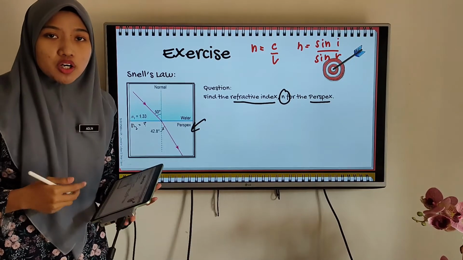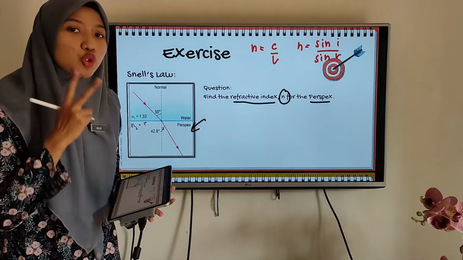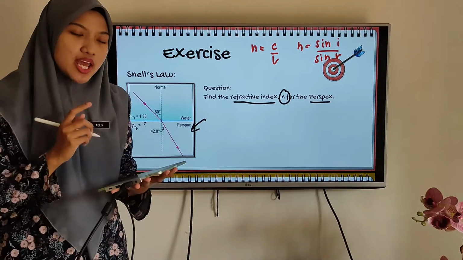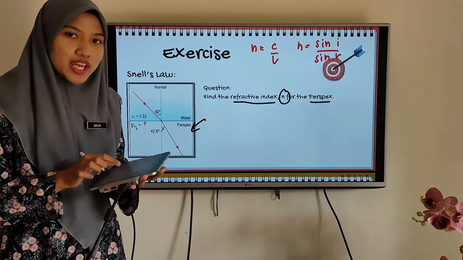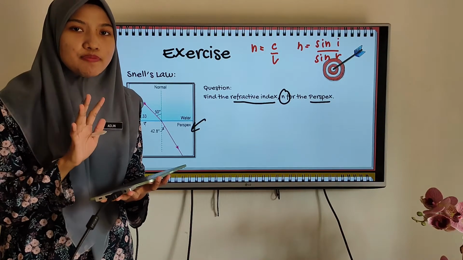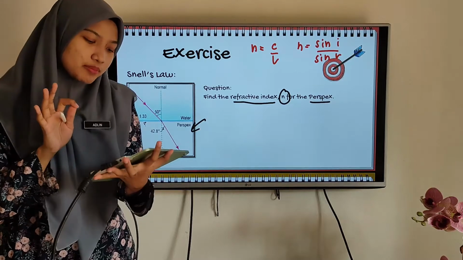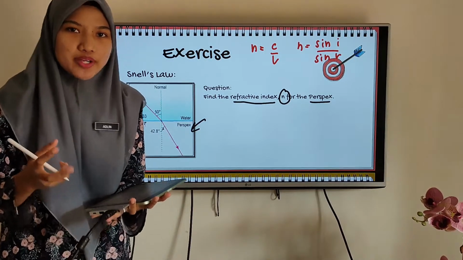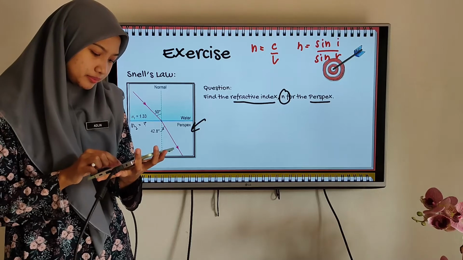As I mentioned before, if the question gives you two media with angles, you have to use Snell's law. So let's do it together. I want to give you 3 or 5 minutes, and then I want to call someone.